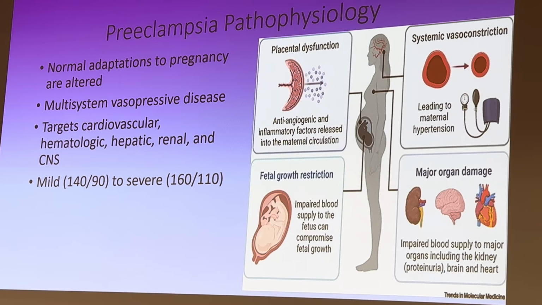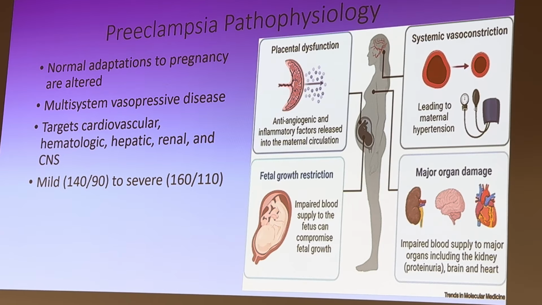Okay. So here's your pathophysiology. I try to simplify it as best I can, but basically it's just like a really bad vasopressor disease. And we didn't know exactly what caused preeclampsia years ago, but we do know that it has something to do now, with research, with placental dysfunction.